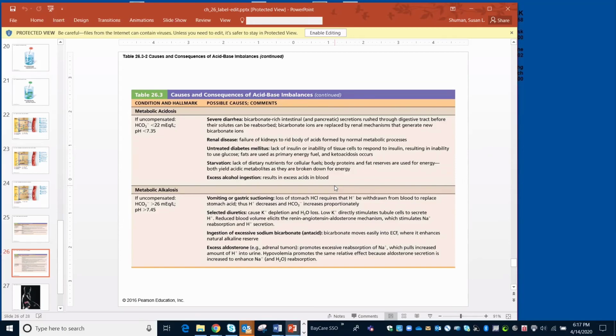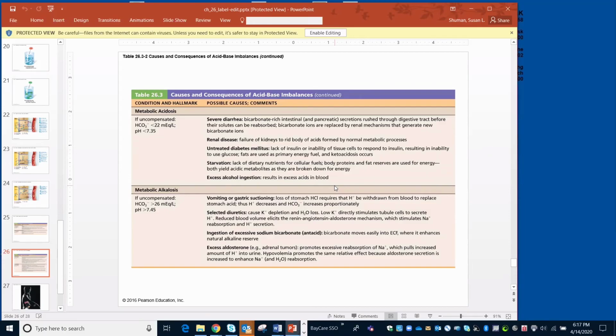Normal. Okay. So if that's normal and the respiratory control of carbon dioxide says it's too high, what is my problem here? Your lungs. Okay. So I have a respiratory acidosis would be its name, right?